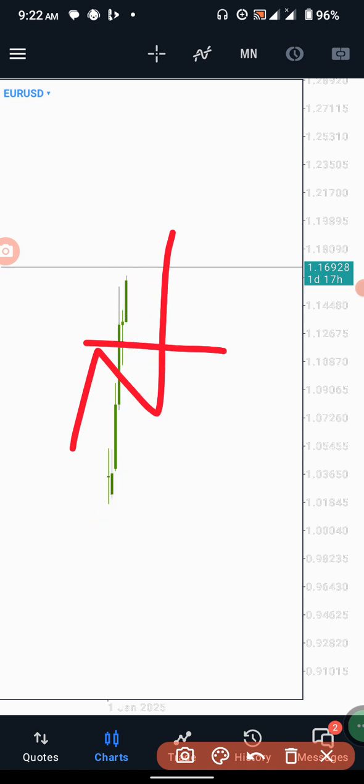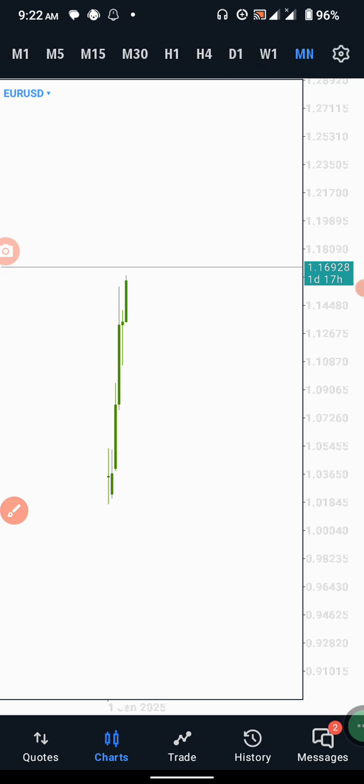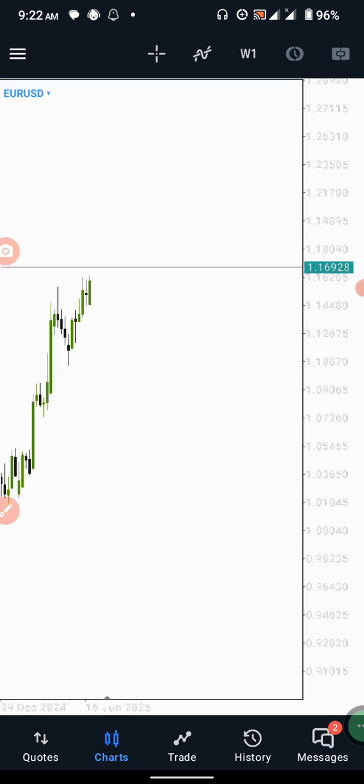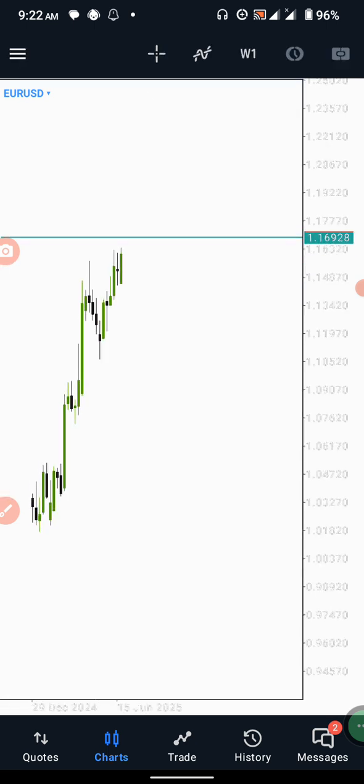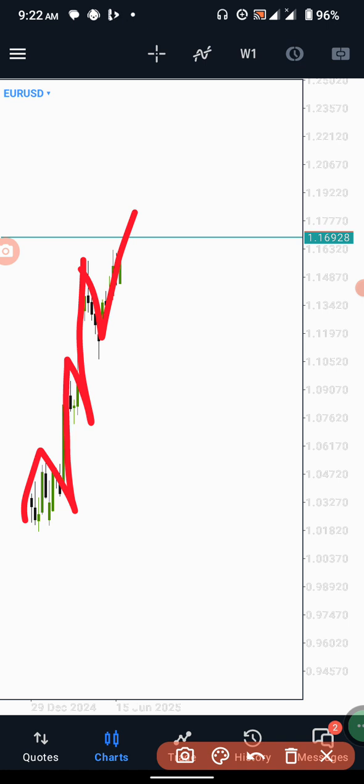Let us now drop deeper to the weekly chart to see if it gives us that area of liquidity. When we drop to weekly, we see it has many structures it formed, and when we look properly, yes, we can see that area of liquidity.